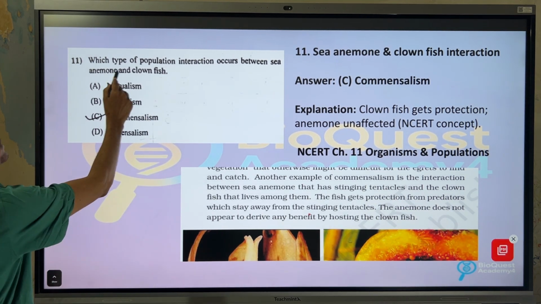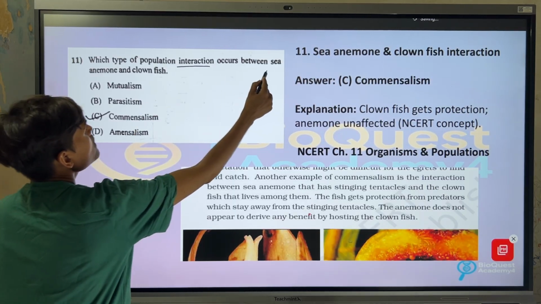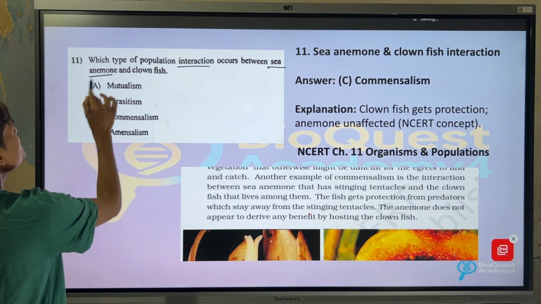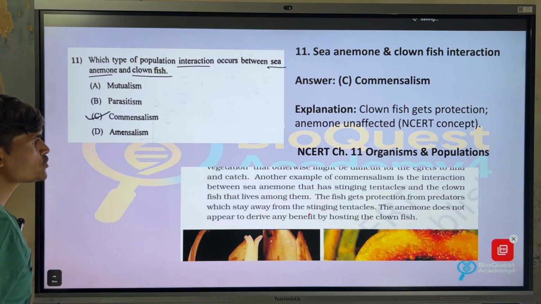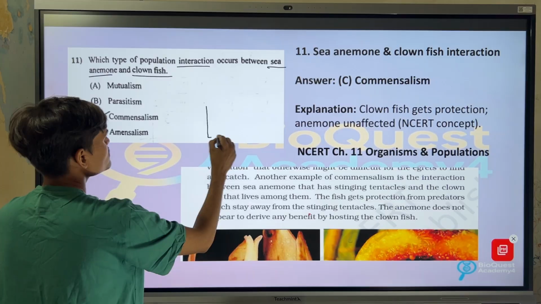Question number 11. Which type of population interaction occurs between sea anemone and the clownfish? Now this is again a very easy question, and you know that sea anemones are something like this.